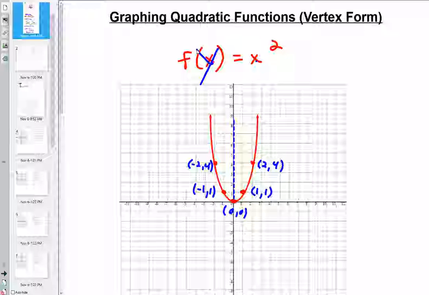If I plug in a 2, what's 2 squared? 4. Every time you substitute and get an input, output, that gives you an ordered pair. 1, 1, 2, 4, 3, 9, 4, 16, 5, 25, 6, 36, 7, 49, and so forth, as long as you have enough space to graph it. In each case, I was giving you a pair of numbers where squaring one gives you the other one, right? That's what you see on the board here.